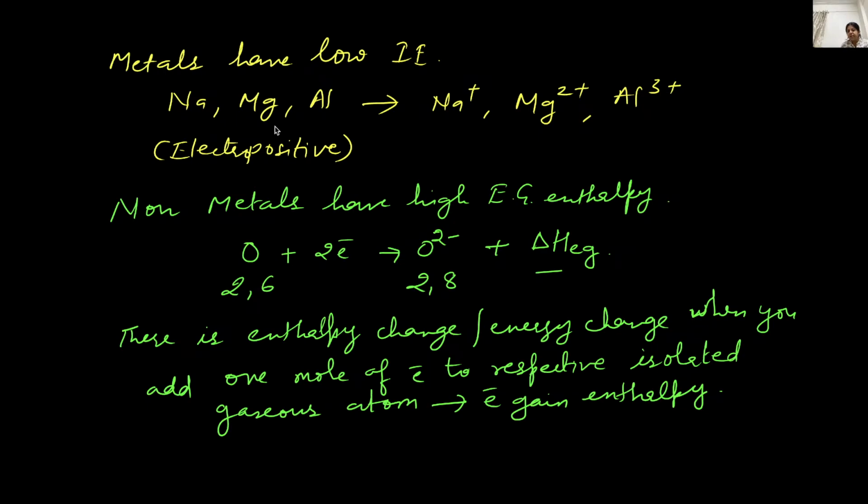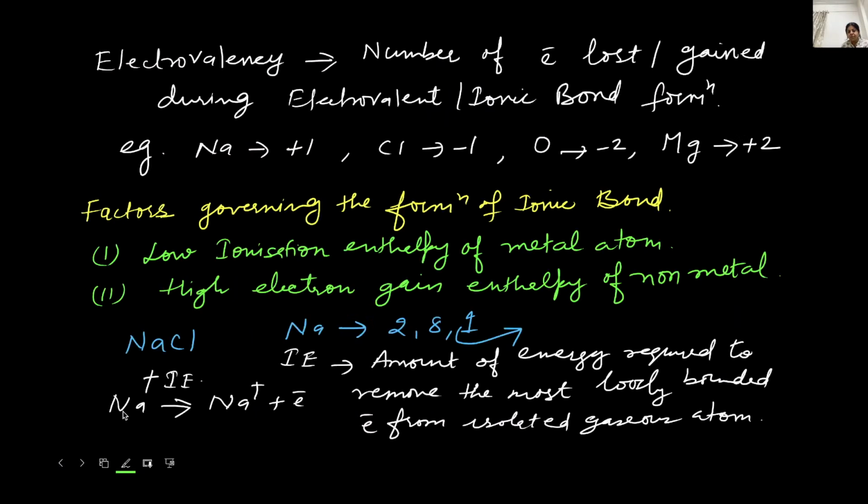If they have a high tendency to lose the electron, they will have low ionization energy. If non-metals have a high tendency to gain the electron, they will have high electron gain enthalpy value. Okay, have you understood the two terms? So these are the two basic conditions needed for the formation of an ionic bond.